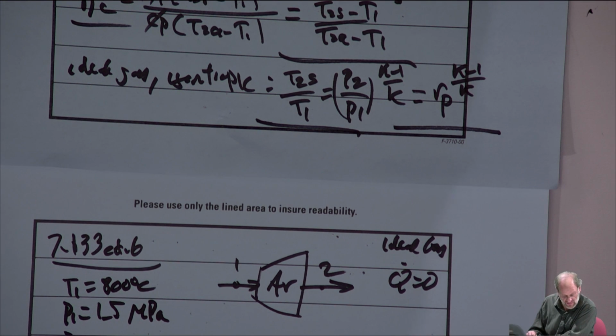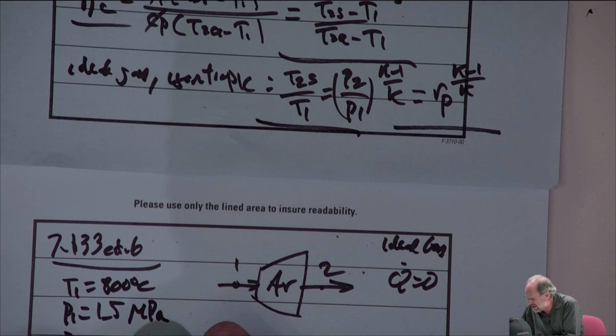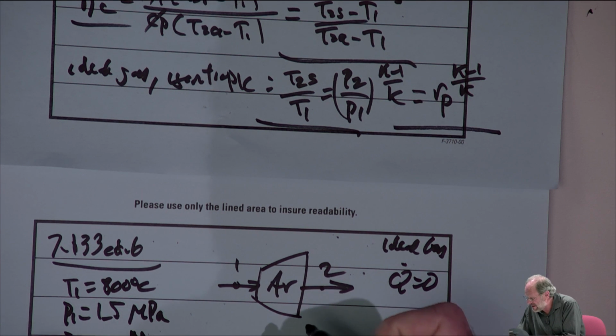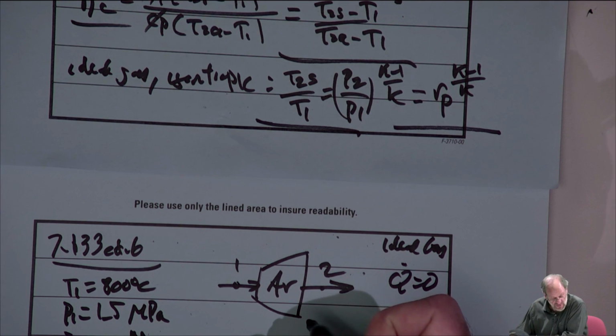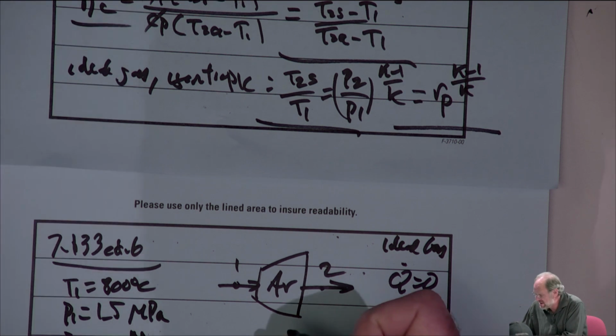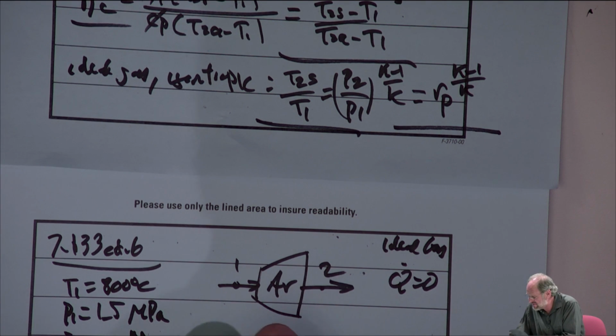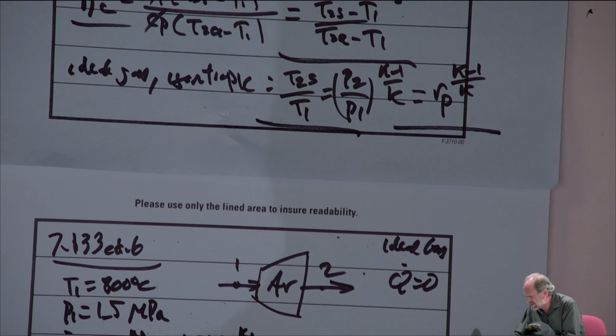These are all steady flow problems. So that's 80 kilograms per minute. I suppose we could divide by 60 to turn this into kilograms per second. So what's that? 1.333 kilograms per second. Is that right? That's right.